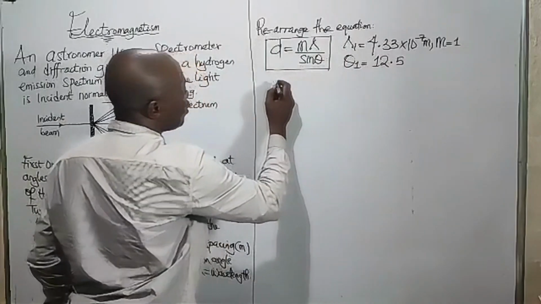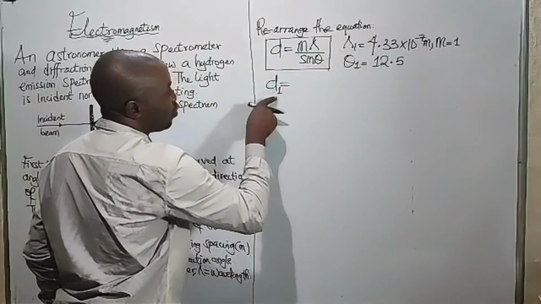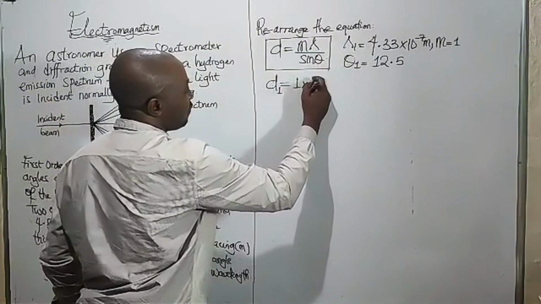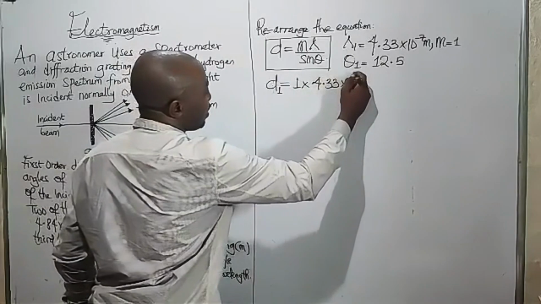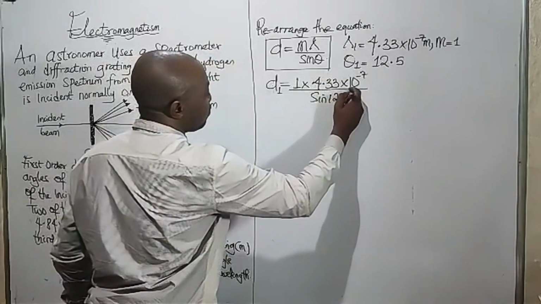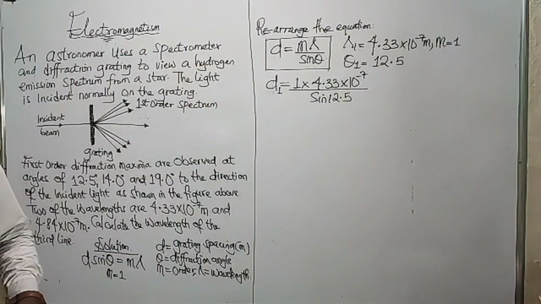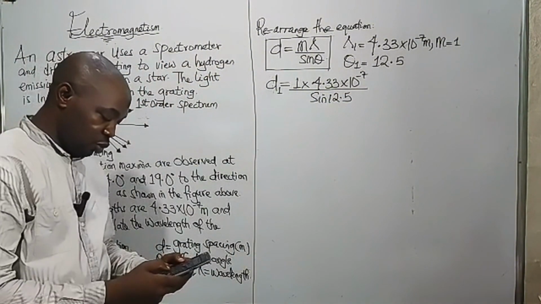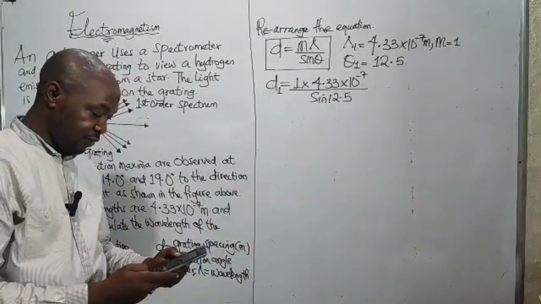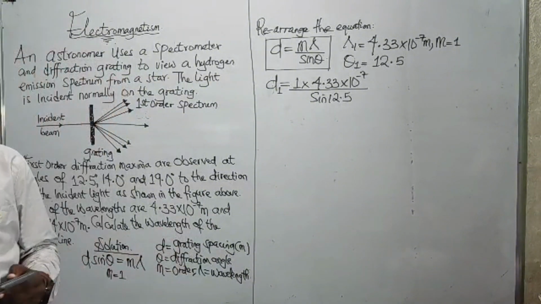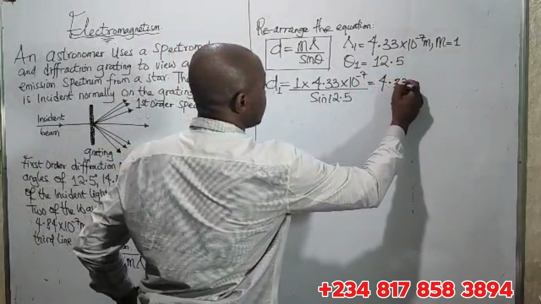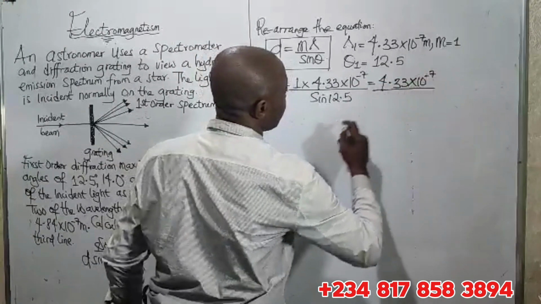For d1, for the first wavelength, we use m multiplied by 4.33 multiplied by 10 raised to the power of minus 7, divided by sine 12.5. Sine 12.5 is 0.2164.